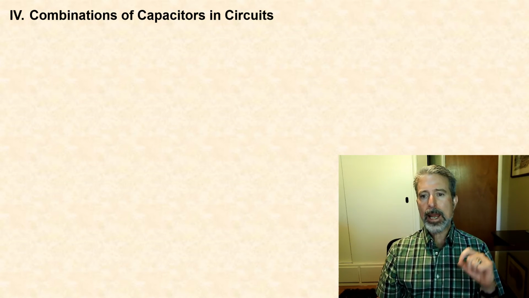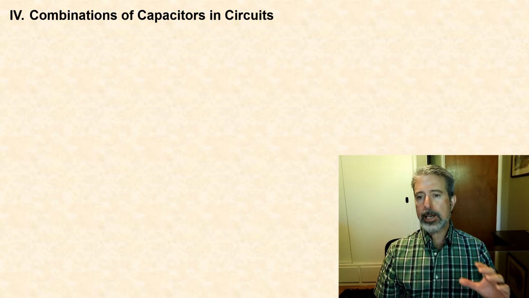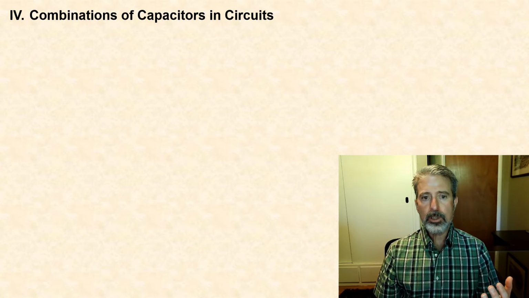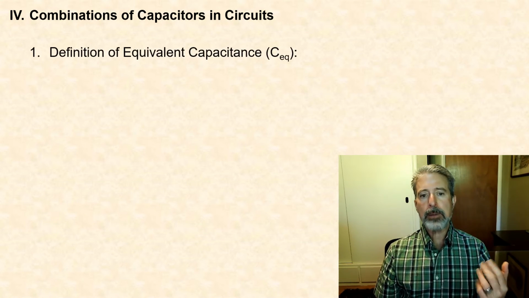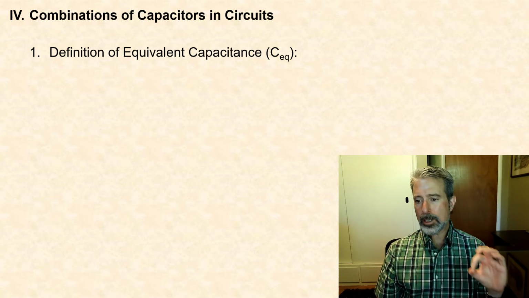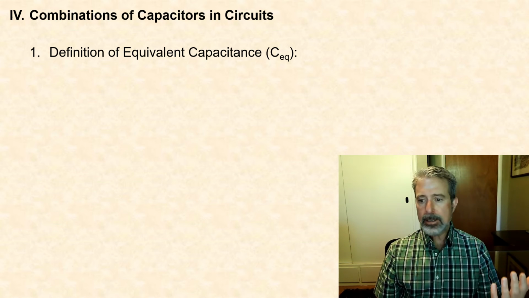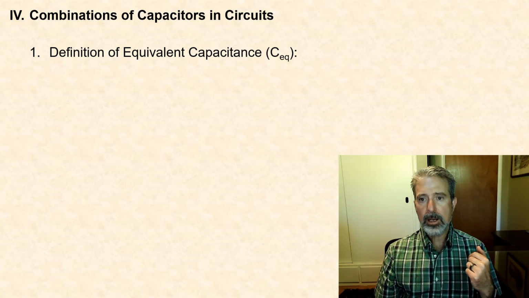So in order to analyze circuit behavior, we invent this fictitious quantity, in the case of capacitors, what we call equivalent or effective capacitance. And as we will see, this allows you to deconstruct a circuit and find out various properties of the circuit, like charges of individual capacitors, or voltages of individual capacitors.